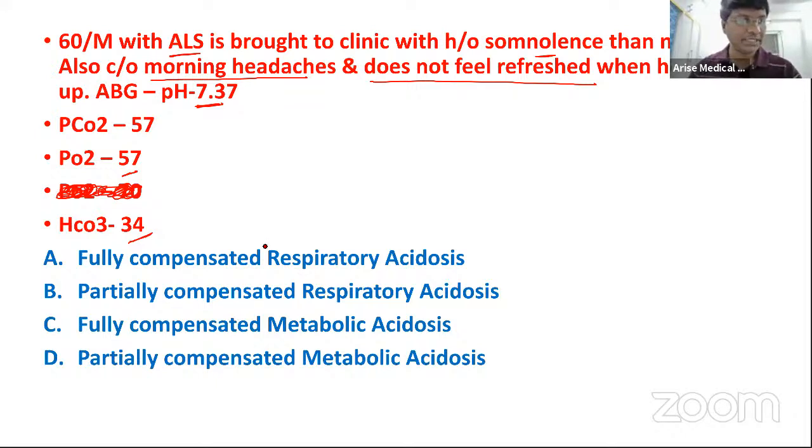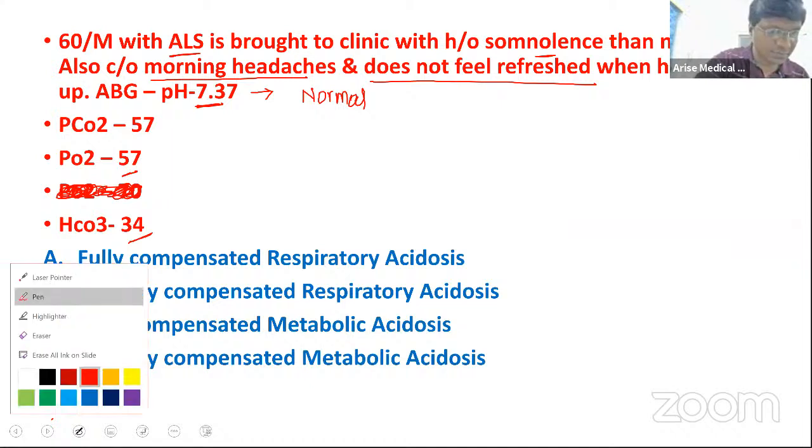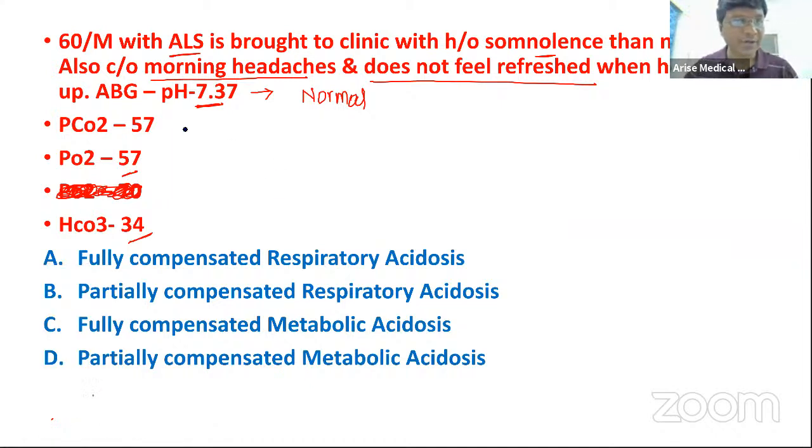Right, so now let me crack this question for you all. So you take the pH of this individual. It is a normal pH, okay? And you see the carbon dioxide. Carbon dioxide is elevated. So if carbon dioxide is elevated, what do we call that?